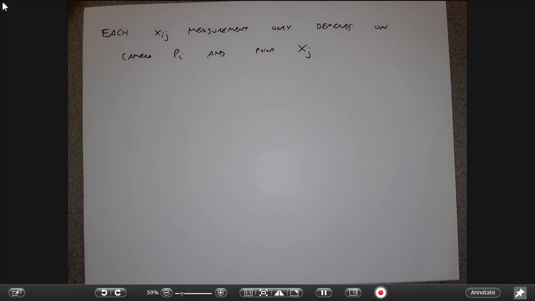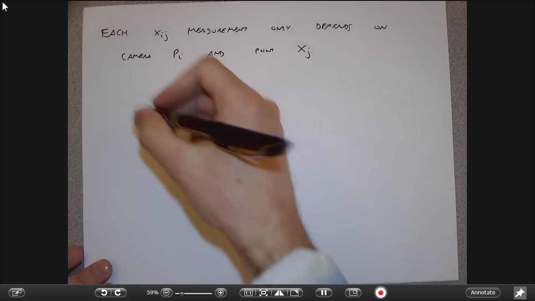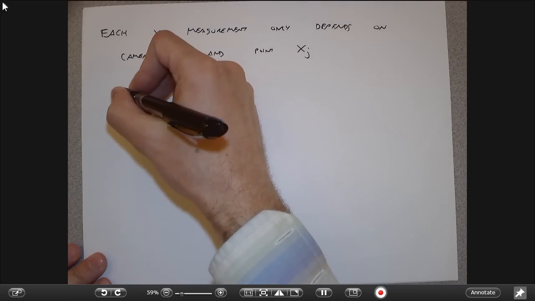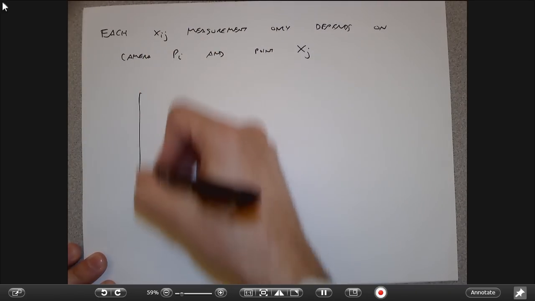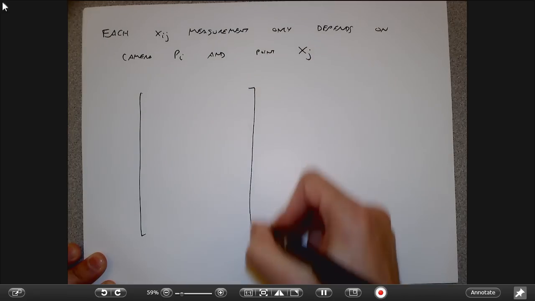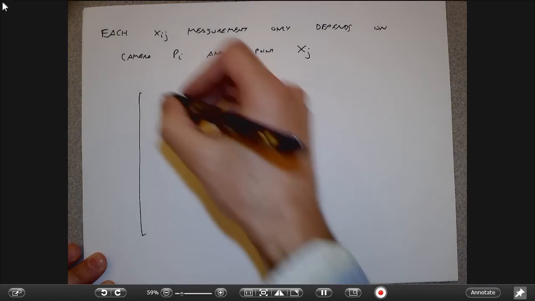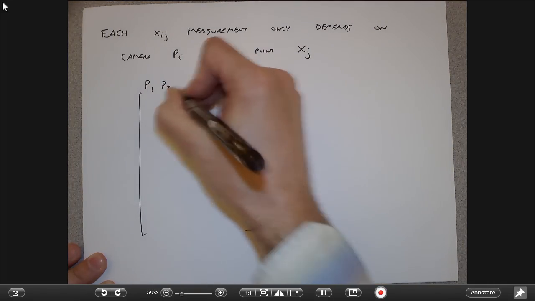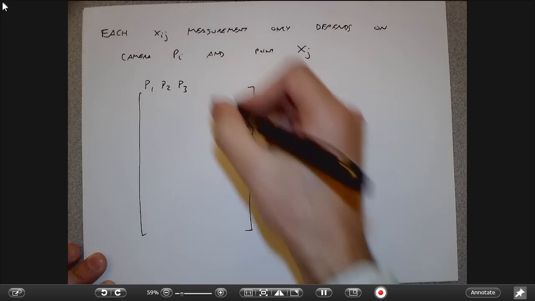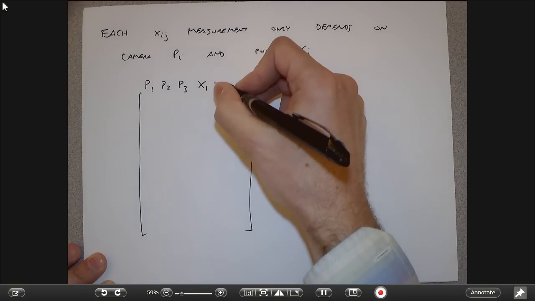right? Which means that I can get away with parameterizing things, or, how do I say this in an easy way? Let me think about it this way. Suppose that I have a matrix that tells me, okay, suppose I have 3 cameras and 4 scene points.